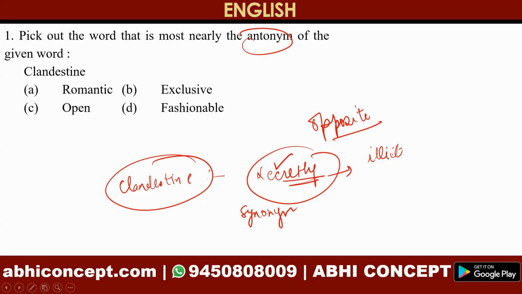And when we talk of antonym, we are going to talk about open. Okay. So because clandestine means we are doing something secretly, the opposite word will be open because we are doing something openly, right? So open is the antonym, most nearly the antonym word of clandestine. All right. The answer is open.